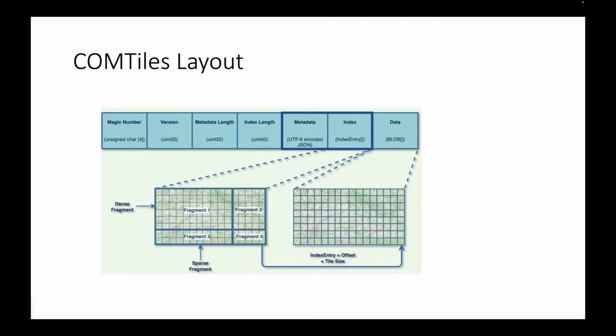There is a data section where the actual tiles are stored, for example raster or vector tiles, with a focus especially on vector tiles. In addition to the data section, there is a metadata document which describes the structure and the layout of the archive format. And then there's also an index which references the position or the offset of the tiles in the data section.